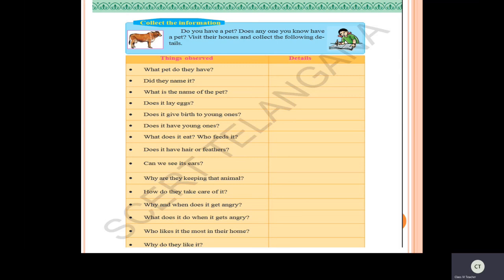Once again, read this textbook, children, so that you can understand what oviparous animals and viviparous animals are. I hope everyone will do this activity. If you have textbooks, you can do it, no problem. If you don't have textbooks, try to collect the information and keep it aside.